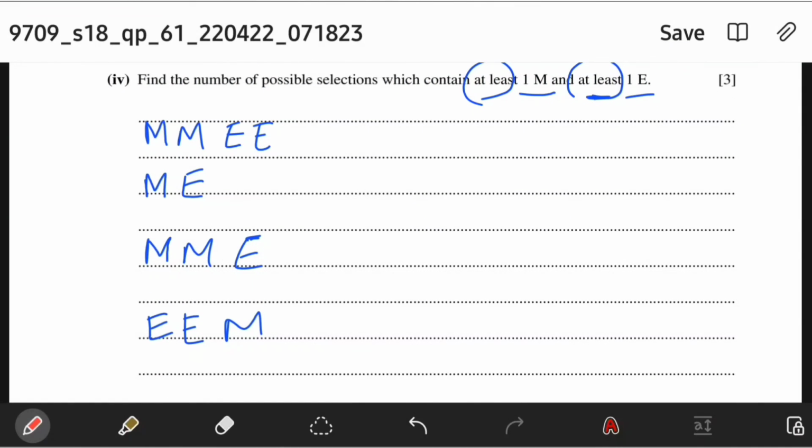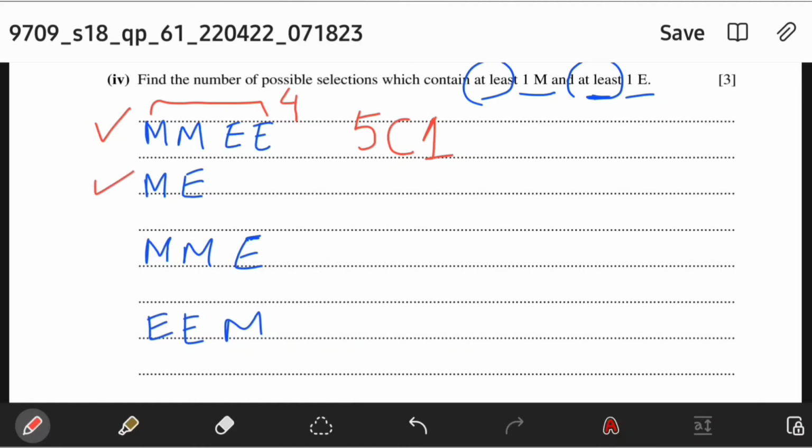Now let's write their calculations. Since in the first one we chose both the M's and both the E's, we have only got 5 letters remaining, and we have only 1 more selection to make, since the total we wanted was 5, right? So from 5 we only have to make 1 selection, since these are 4.